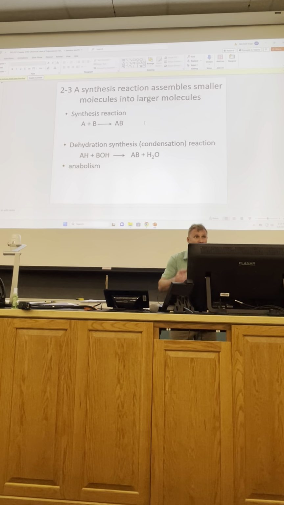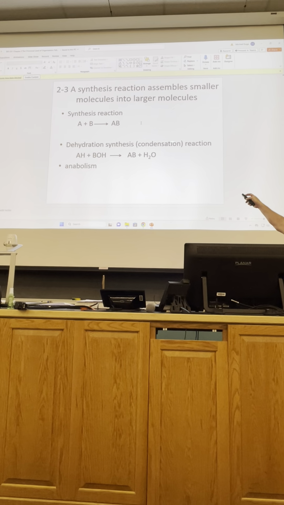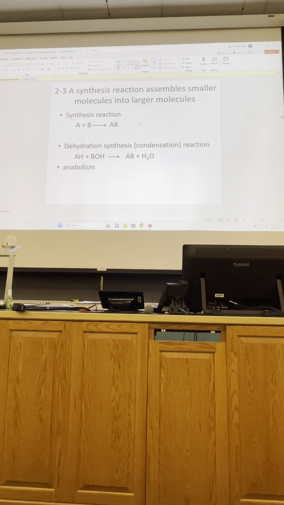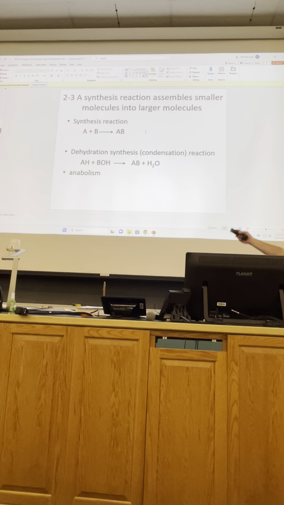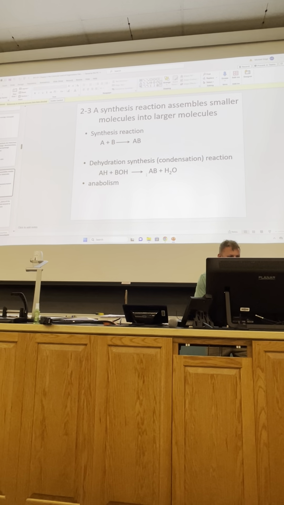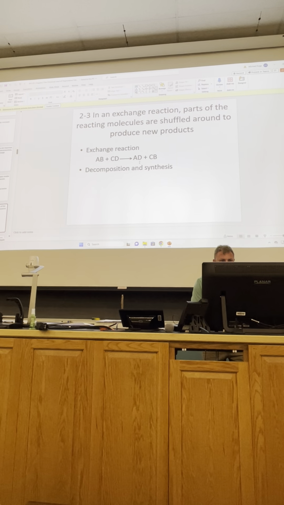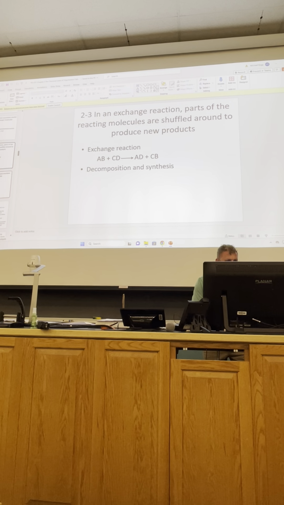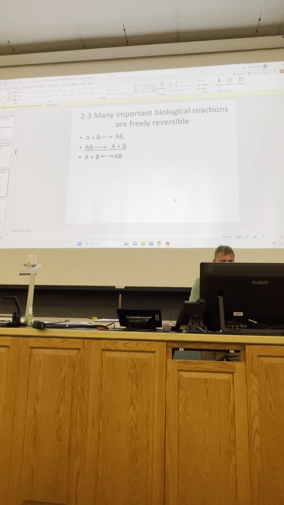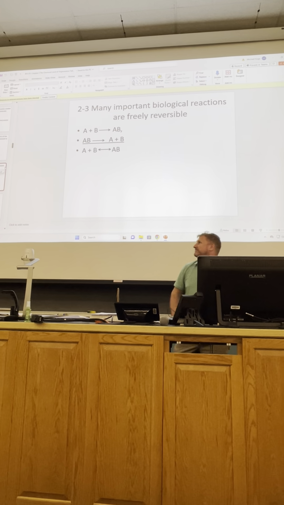Yeah. Oh, condensation. Good grief, there's another word. Condensation. And all of these can be reversible in theory. Here's our exchange. And there they are being reversible. Potentially.